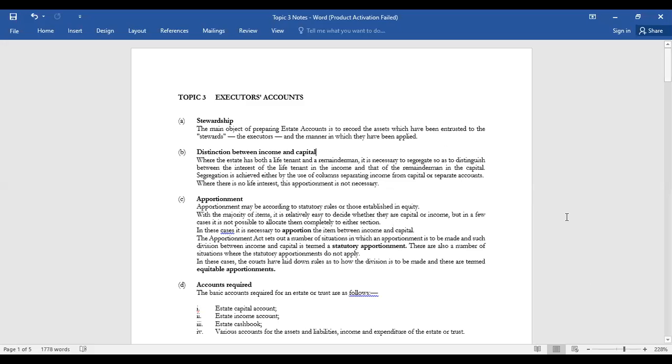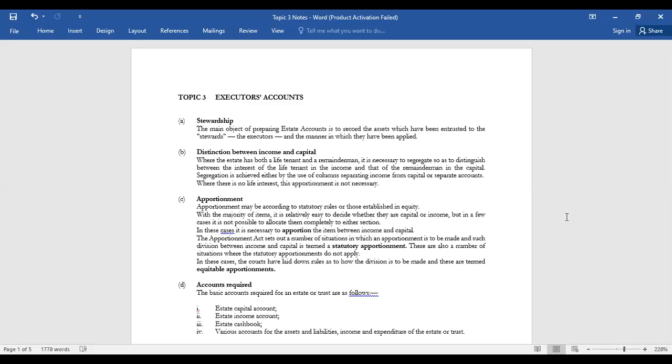I'll say the main objective of the executor. The executor is a steward. They've been entrusted with the assets of the deceased, whether they died intestate or they died testators.